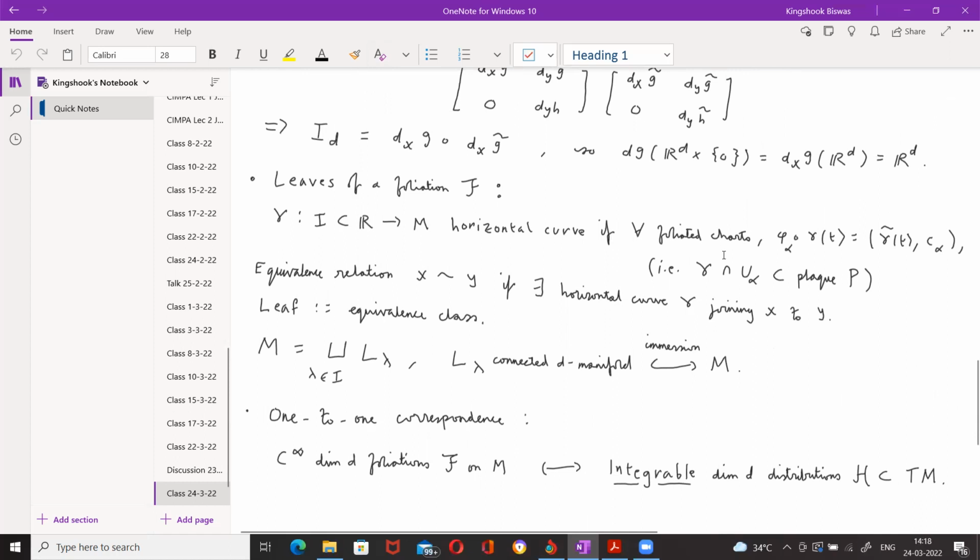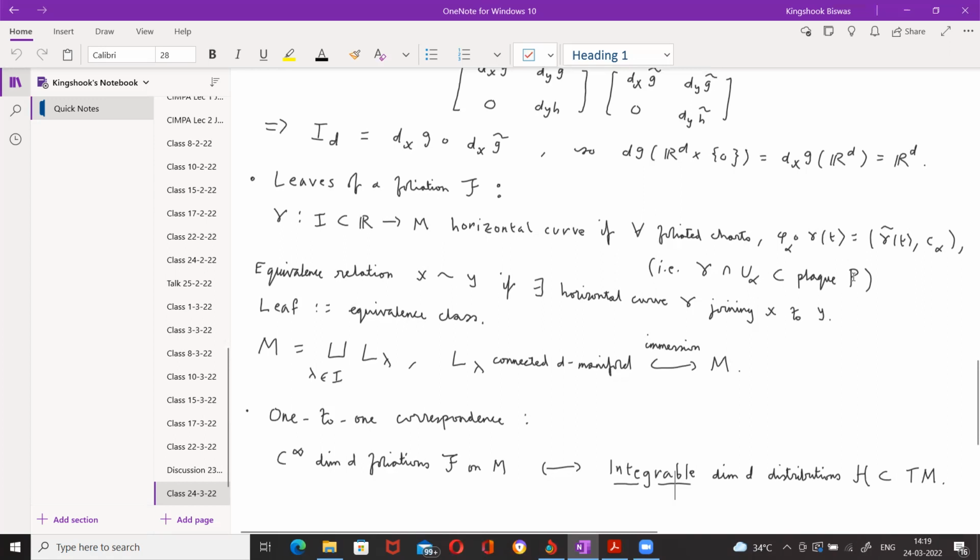That means that if I take any foliated chart, phi alpha, then phi alpha composed with gamma is of the form gamma tilde of t comma c alpha, where c alpha is a constant. In other words, the y coordinate is constant in the chart. That means that gamma intersect U alpha is contained inside a plaque P.